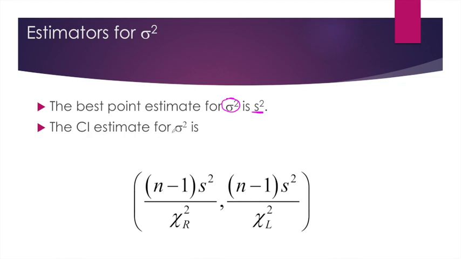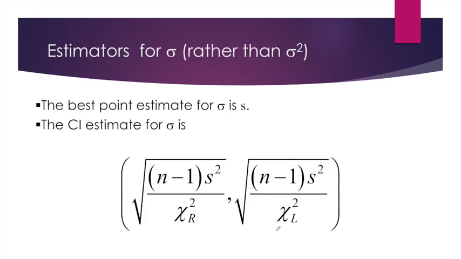And the confidence interval estimate for our variance, our standard deviation squared, is going to be our sample size minus 1 times our sample standard deviation squared over our right chi-square value, and our sample size minus 1 times our sample standard deviation squared over our left chi-squared value. The best estimator for sigma is going to be to take the square root of those values, right? If we take the square root, we're undoing the square.